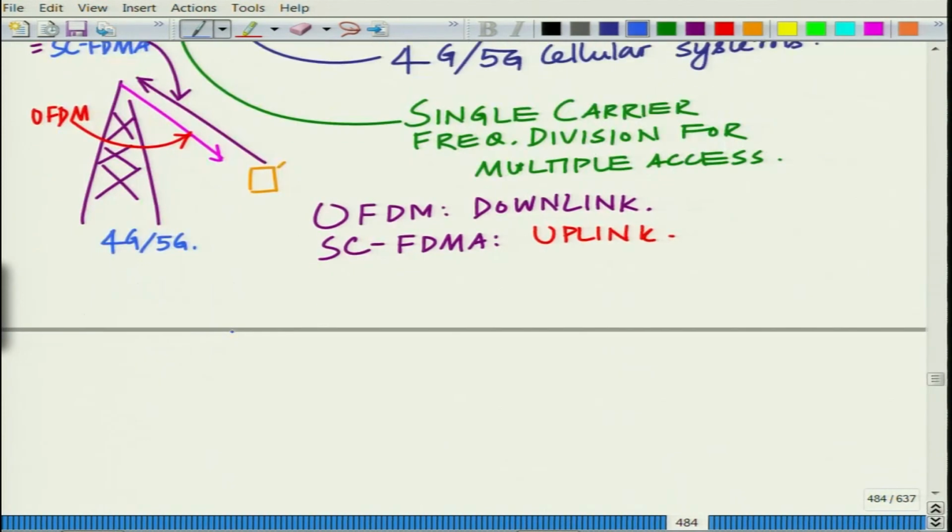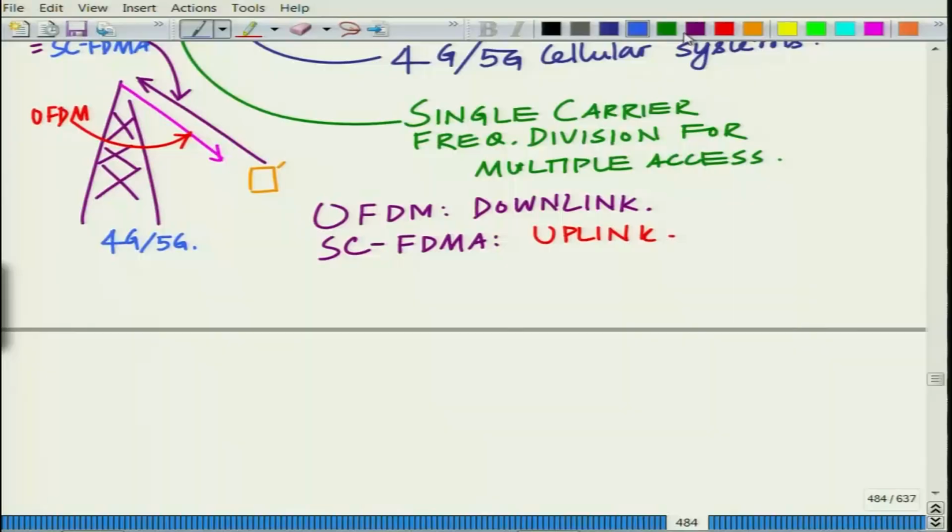Why do we need a different waveform in the uplink as compared to the downlink? The reason is that OFDM, which is used in the downlink, suffers from a unique problem known as PAPR, that is peak to average power ratio.